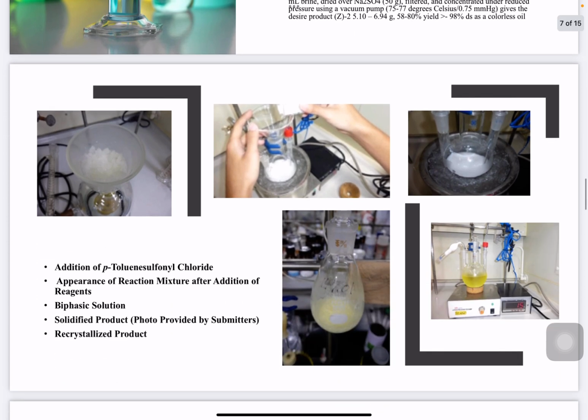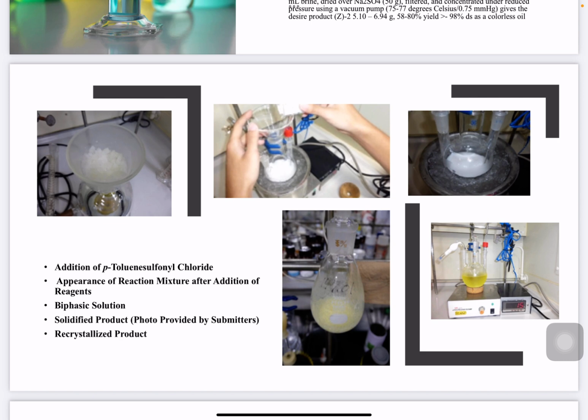So in this one, the appearance, on the middle, right here, that is the addition of p-toluenesulfonyl chloride. The appearance of the reaction mixture after addition of reagent was right after the middle, in the upper right corner.